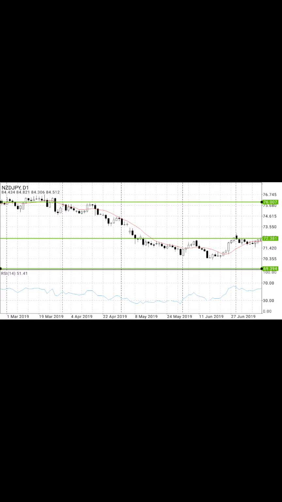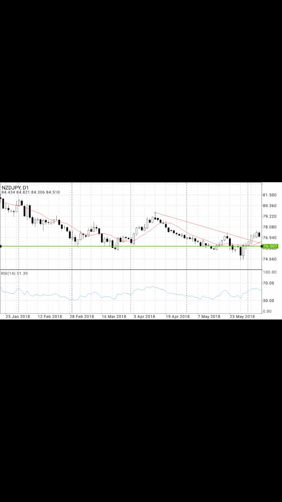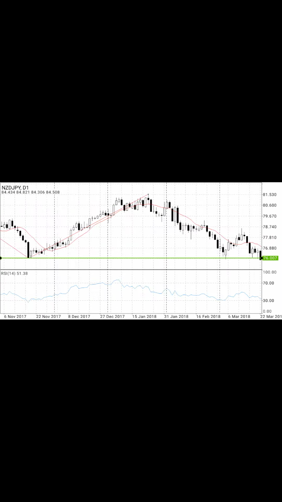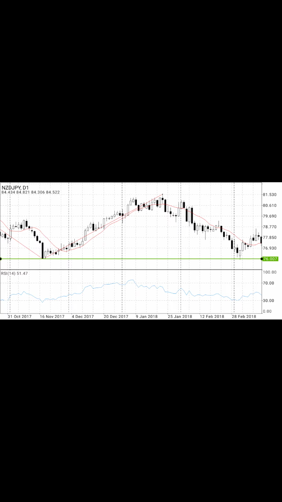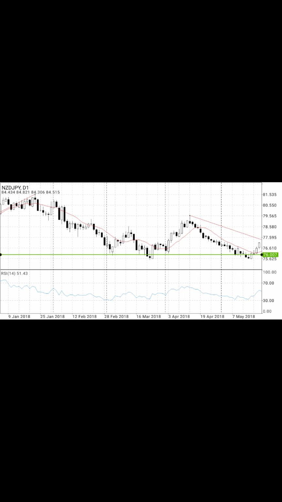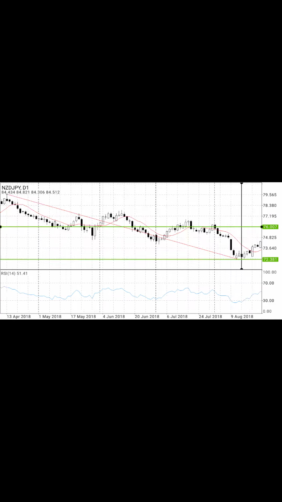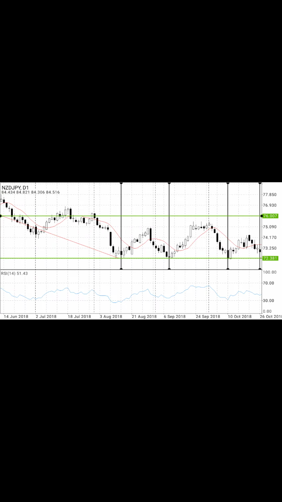Mainly, I think that support in 2017. Let me go back and check. 2018, sorry. But it began on 16th November 2017, lasted through 2018 till May 7th. That's when it broke below the support, and it created a new support in August 2018.